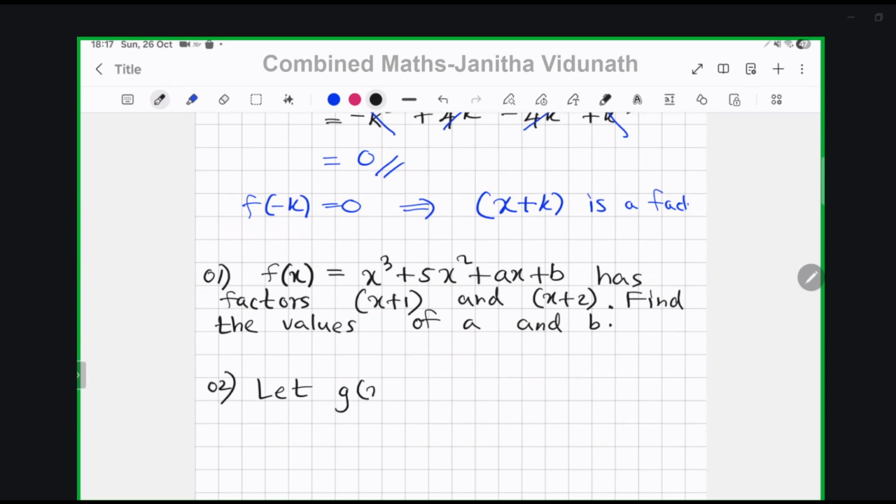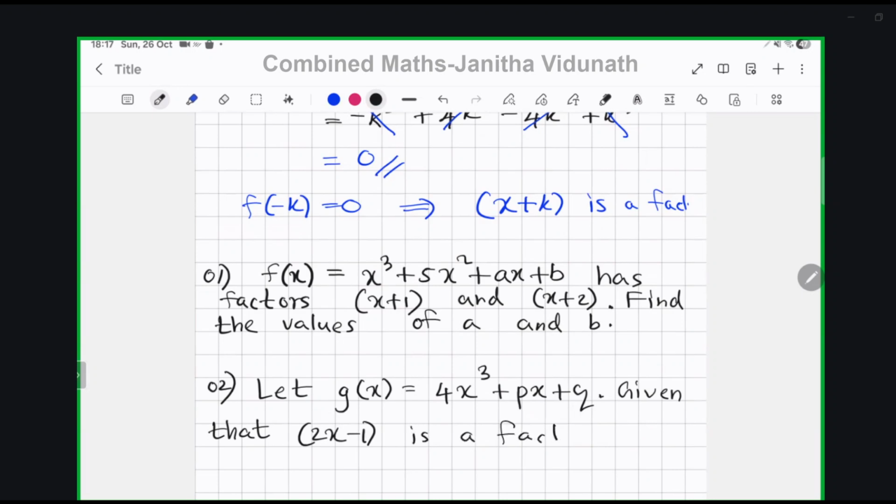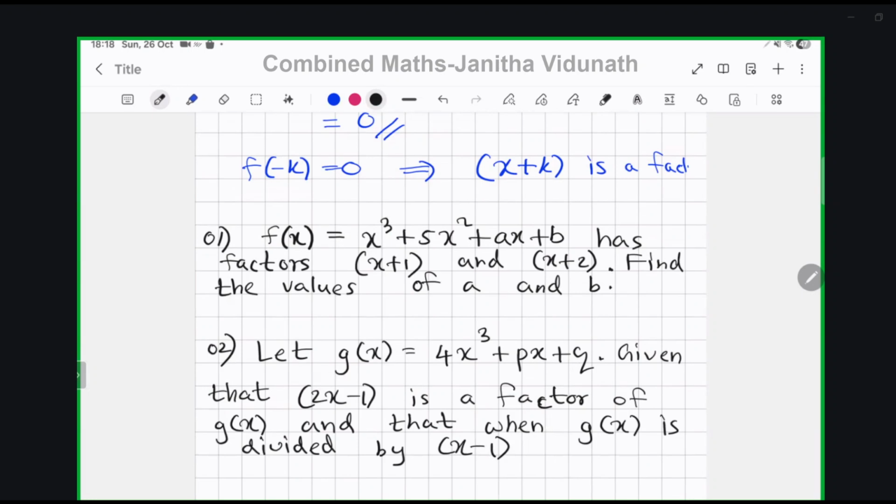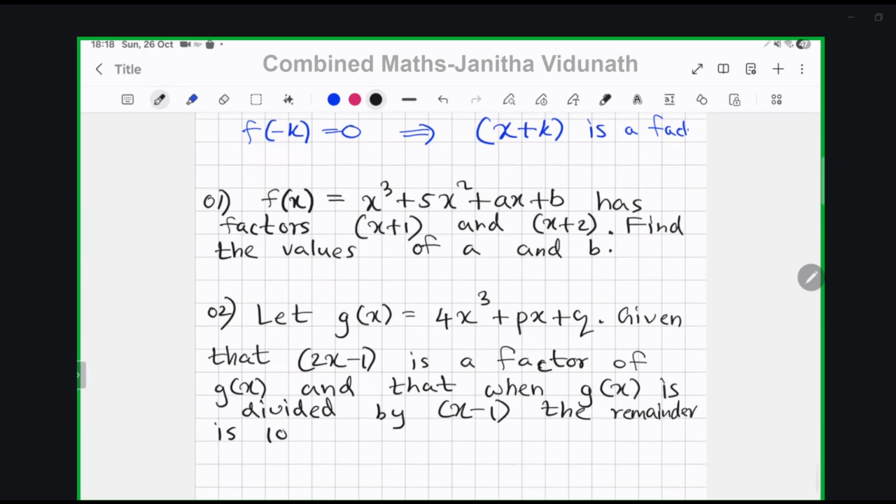Second question: let g(x) = 4x cube plus px plus q, given that 2x minus 1 is a factor of g(x) and that when g(x) is divided by x minus 1, the remainder is 10.